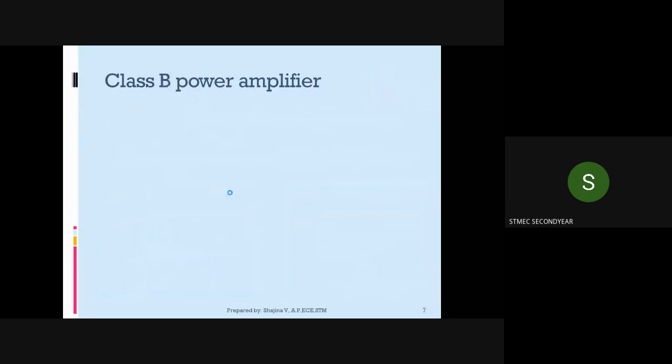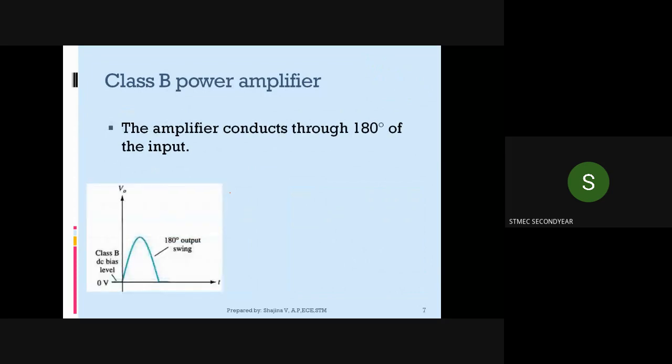Okay. And next is class B power amplifier. In class B power amplifier, the amplifier conducts through 180 degree of the input. That means if you are applying an input sinusoidal signal like this, with the time period 2π, it will conduct through 180 degree of the input.